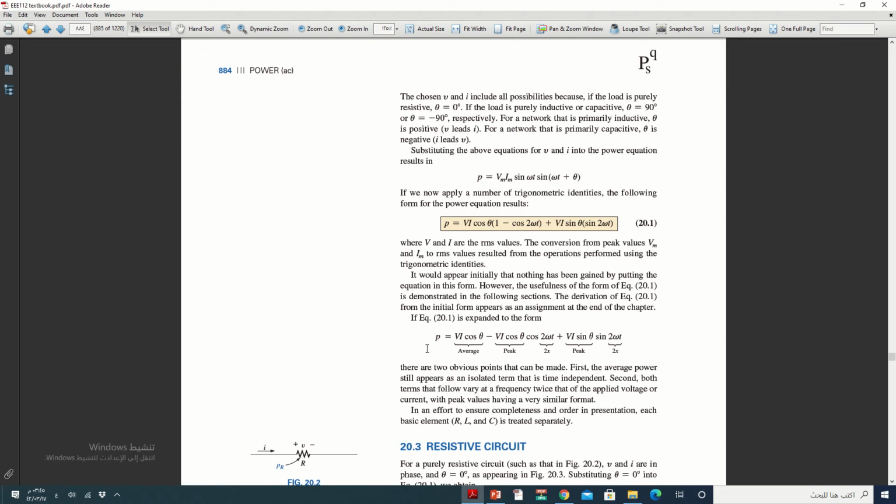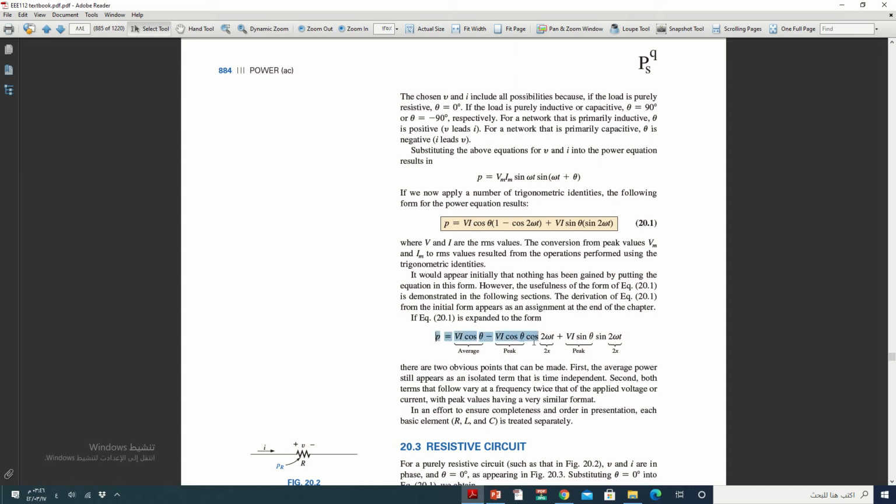When we multiply V by I, we will end up with this equation. If we multiply Vi cosine theta by 1 and separate the equation, we will find Vi cosine theta minus Vi cosine theta cosine 2 omega t plus Vi sine theta sine 2 omega t.